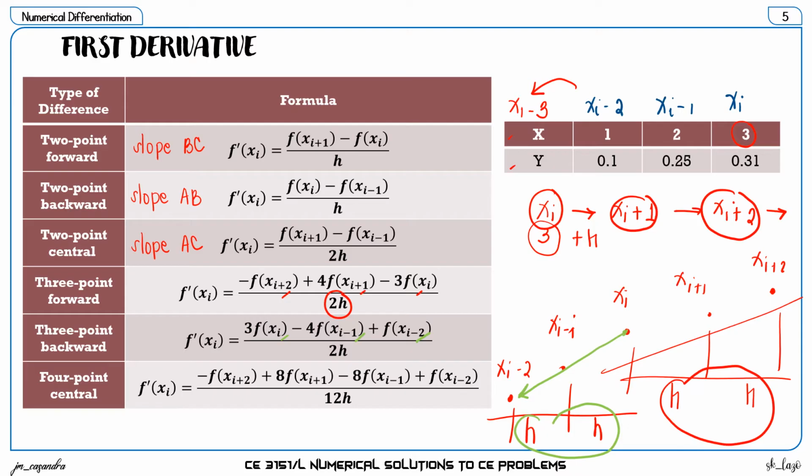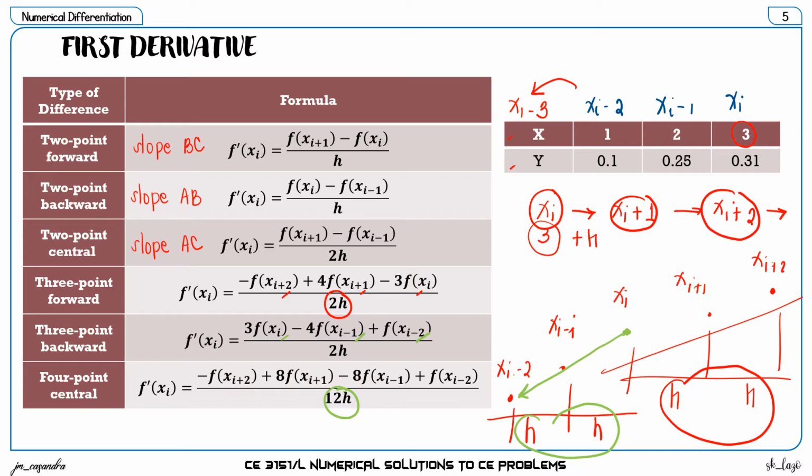Same goes for 4-point central. If this is my center point, I will have 1, 2, 3, 4, 5 points. So with that, we will now have a 12 each value.